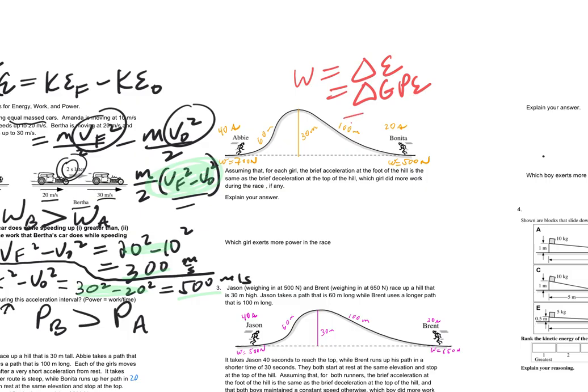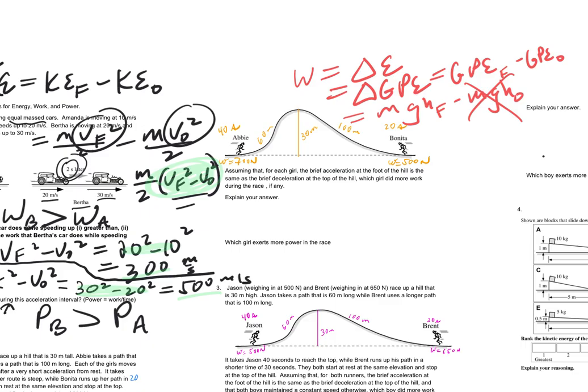That would equal mgHf minus mgHo, because it's GPEf minus GPEo. Now the height at the beginning is 0, so we can cross that out. So we can just say the work equals mgHf.